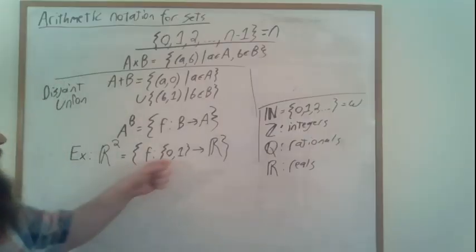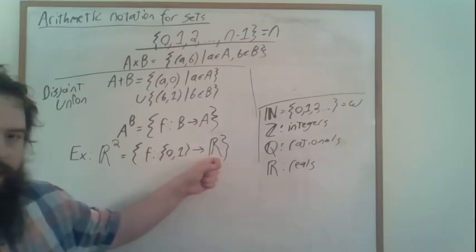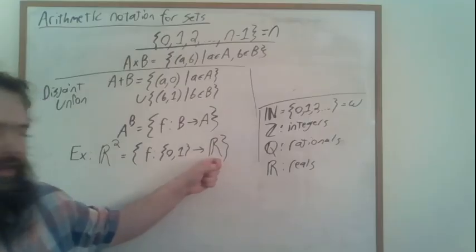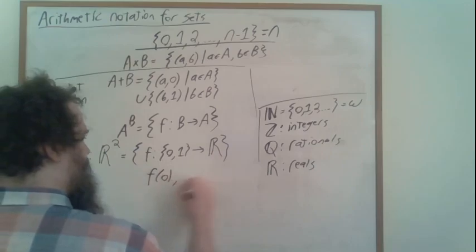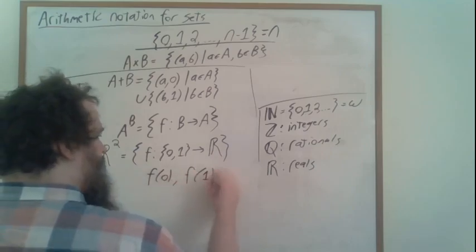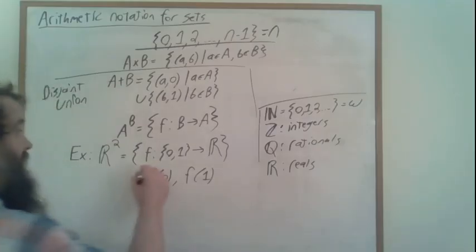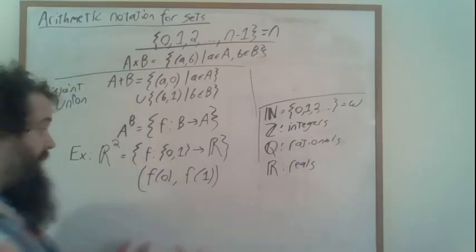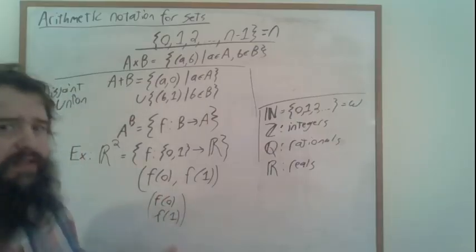A function that takes in either 0 or 1 and outputs a number in R really only has two things that we need in order to specify it. We need to specify what f(0) is, and we also need to specify what f(1) is. And one way you could specify this is just as a pair, (f(0), f(1)), or as a vector. And these two presentations are essentially the same.